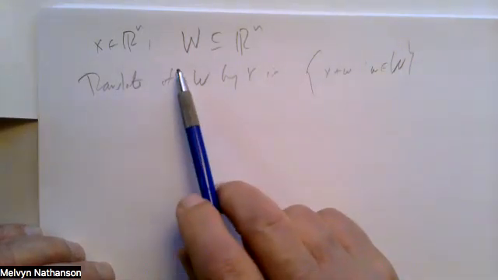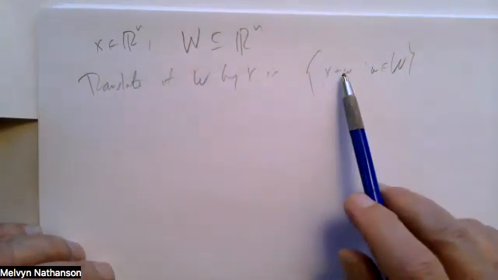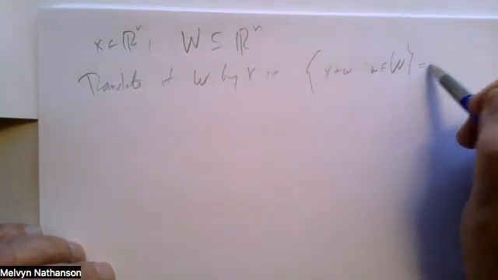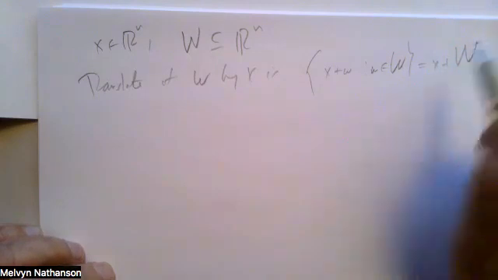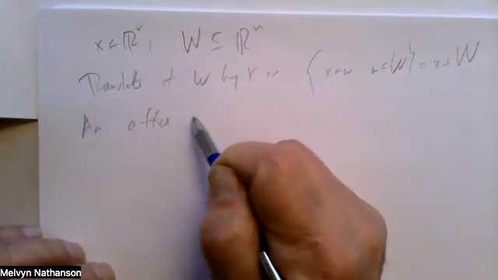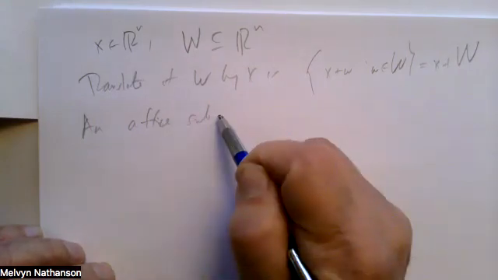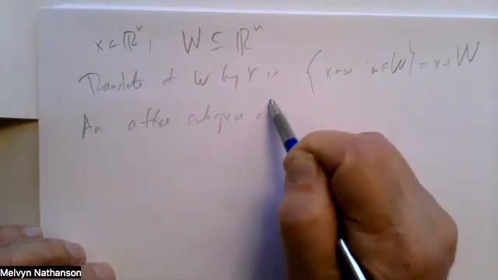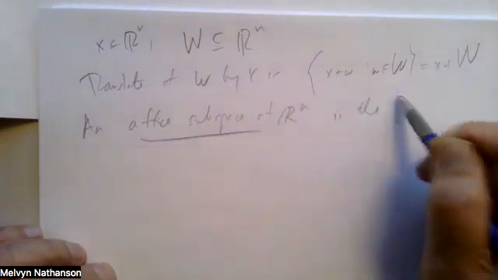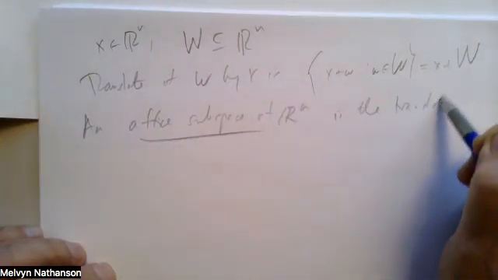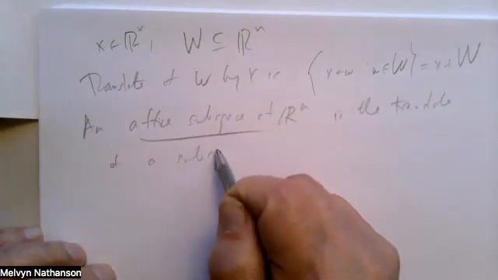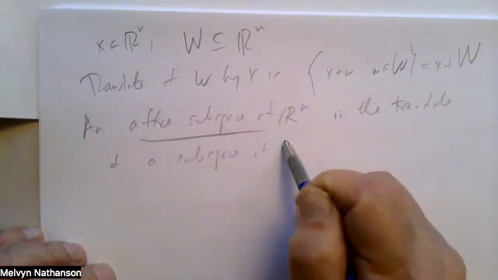So you add x to every vector in W, and that's called the translate of W by x. And we write that as x plus W. And what is called an affine subspace of Rn is the translate of a subspace of Rn.